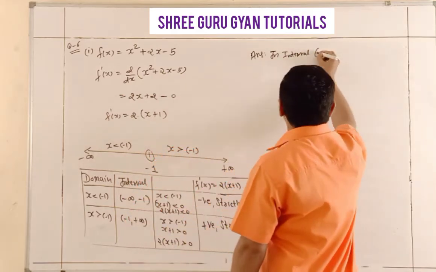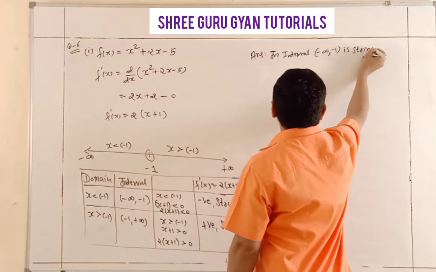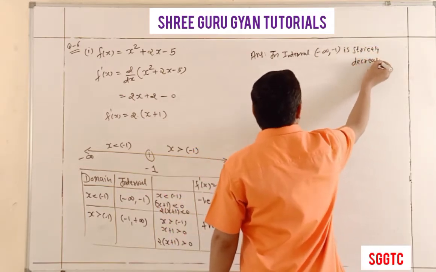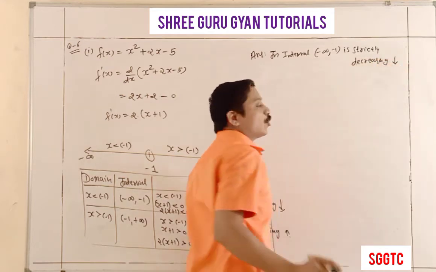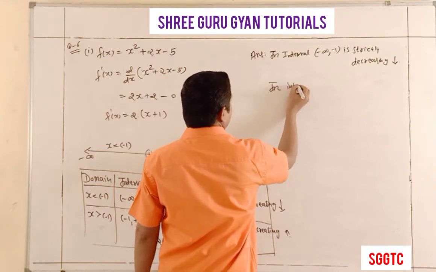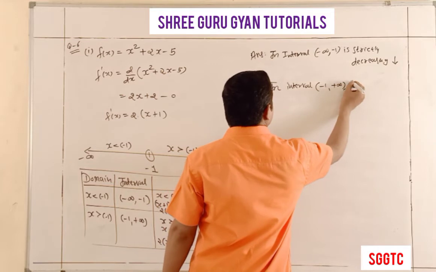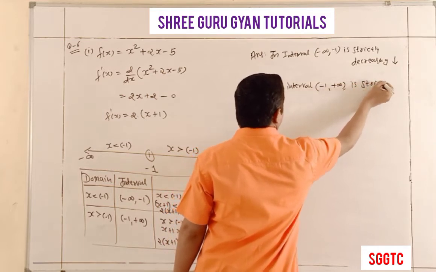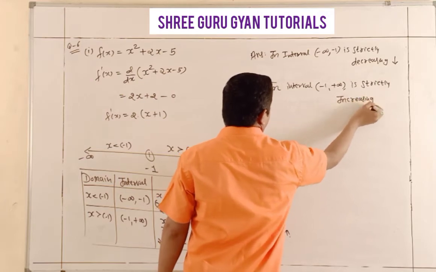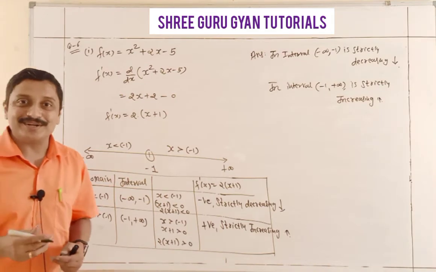Minus infinity to minus 1 is strictly decreasing. Take the downward arrow. And in interval, the second answer, minus 1 to plus infinity, is strictly increasing. That's it, students. Happily, your question number 6, first one, is done.